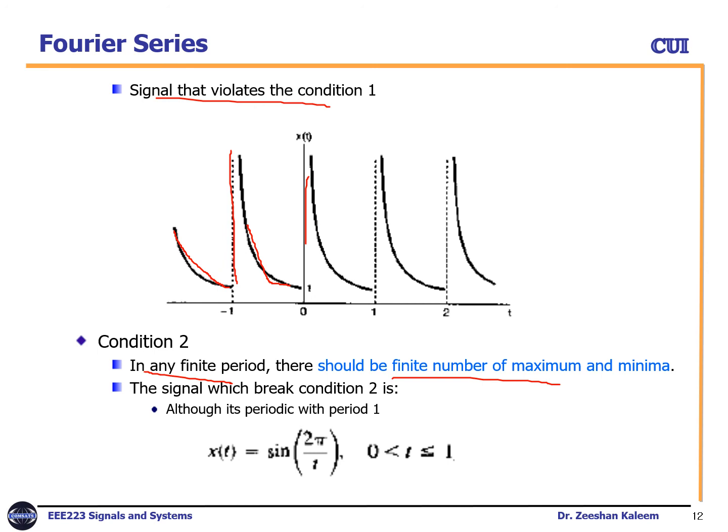There can be one or two maximum points, but if there are an uncountable number of maximum and minimum points within a specified period, then for this signal the Fourier series is not possible. For example, the signal which breaks condition 2 is x(t) equal to sine of 2 pi over t. Let's see how it breaks condition 2.